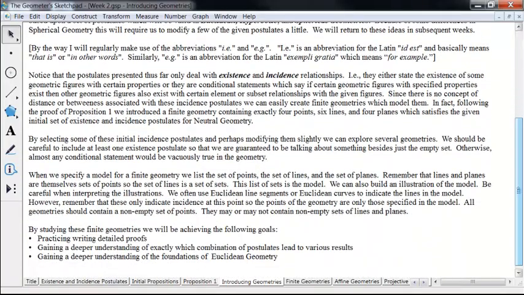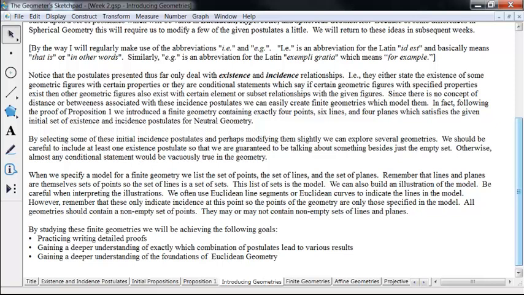Notice that the postulates presented thus far only deal with existence and incidence relationships, i.e., they either state the existence of some geometric figures with certain properties, or they are conditional statements, if-then, which say that if certain geometric figures with specified properties exist, then other figures also exist with certain element or subset relationships among the given figures.